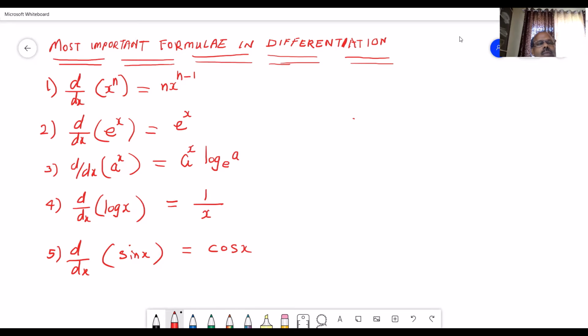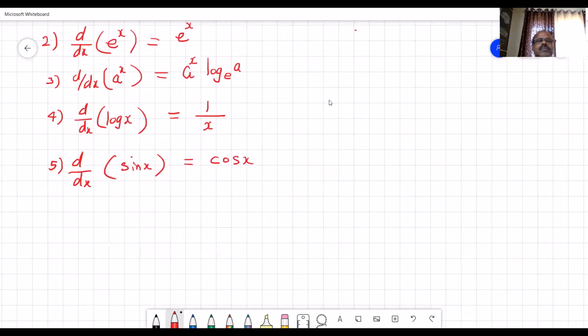Something else will also be added, which we will discuss in our coming classes. The differentiation of a raised to x is a raised to x log a to base e. Base 10 is also there, but here you have to remember that the base is e. The differentiation of log x is equal to 1 by x, and the differentiation of sin x is cos x.